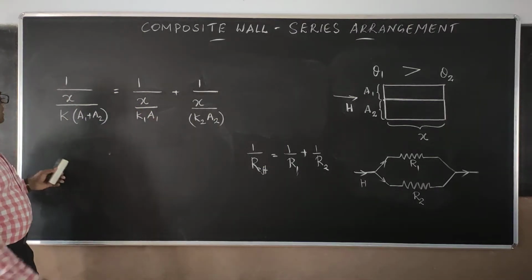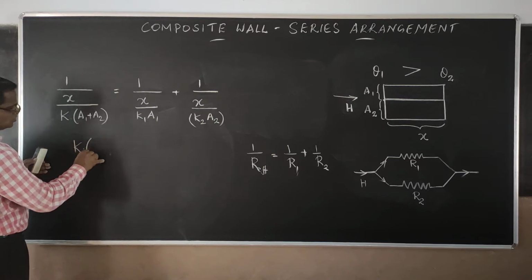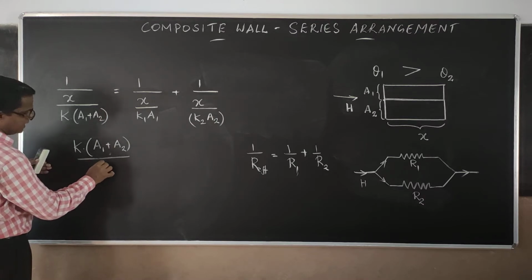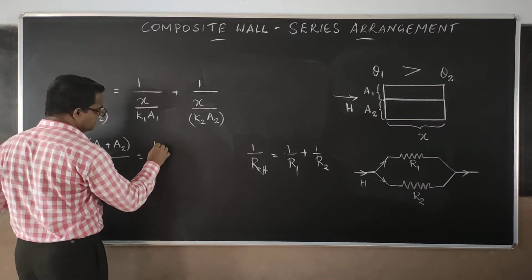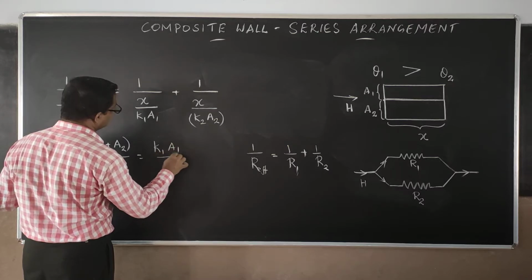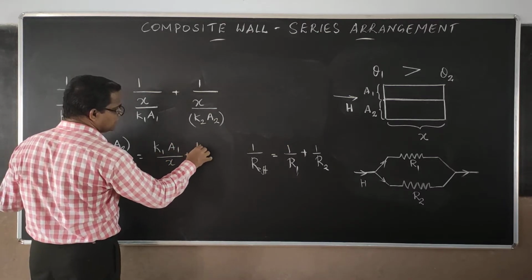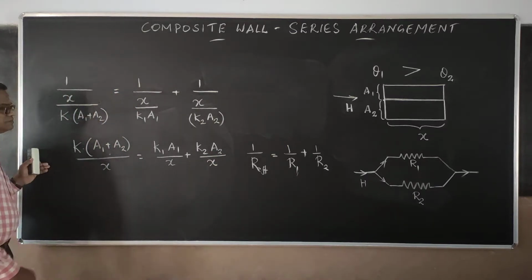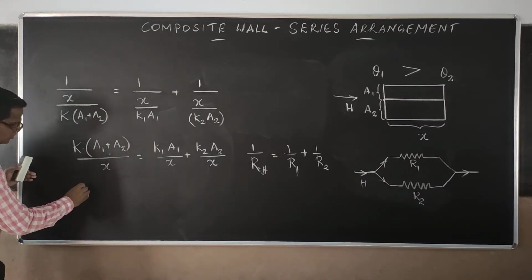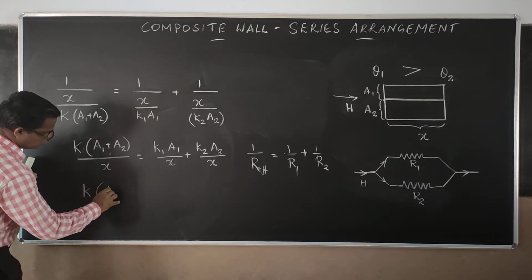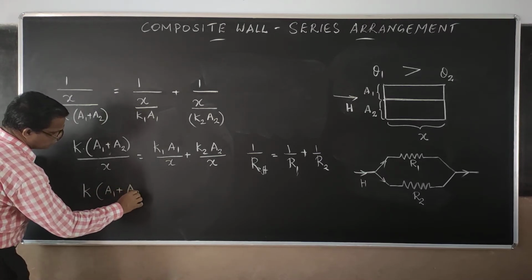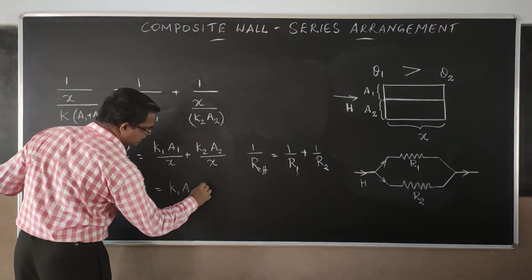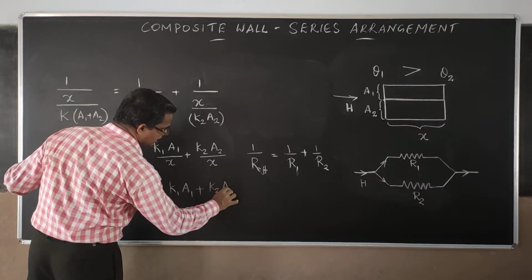That means K into A1 plus A2 divided by X is equal to K1 A1 divided by X plus K2 A2 divided by X. X being the same throughout, K into A1 plus A2 will be equal to K1 A1 plus K2 A2.